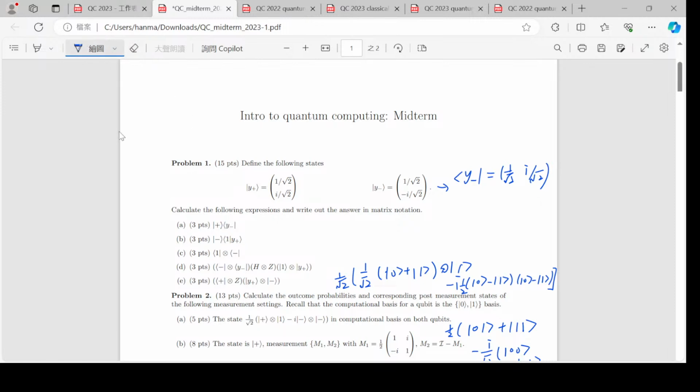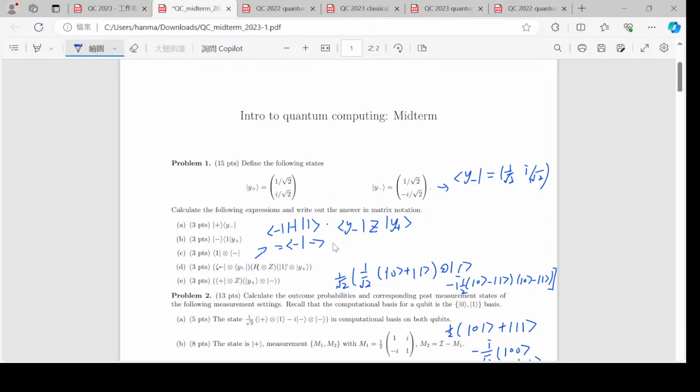And then there is also a little trick on D and E. You don't need to expand out everything, because everything is in tensor product, so you only need to do it slot by slot. For example, on the D one, it's minus H1 and times y minus, y plus. So H1 turns this into another minus.